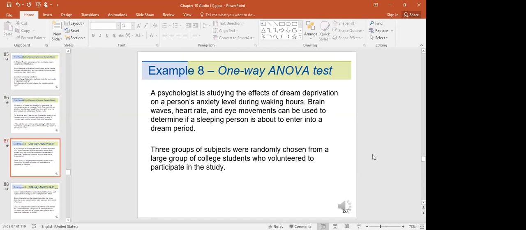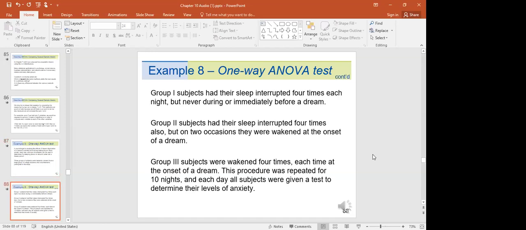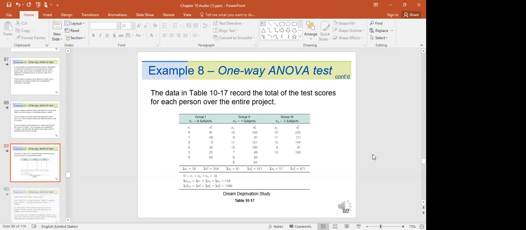So three groups of people are going to go to sleep, and then they will be woken up at different times, and their level of anxiety will be measured. To summarize what the example is about, our question is, do they have essentially the same level of anxiety?